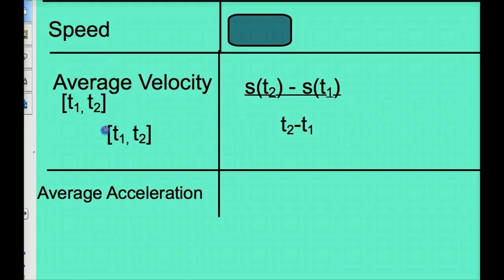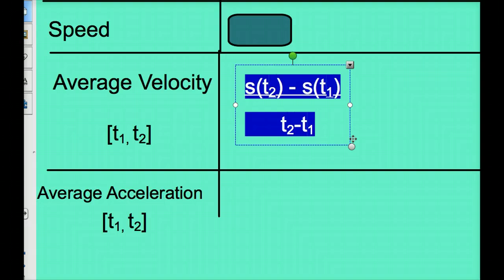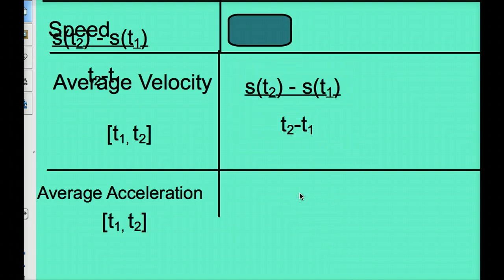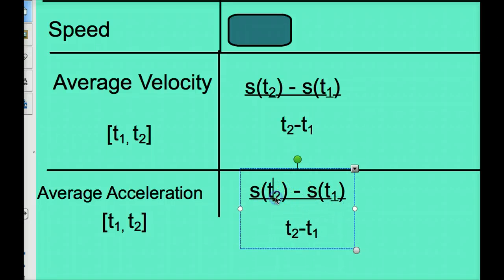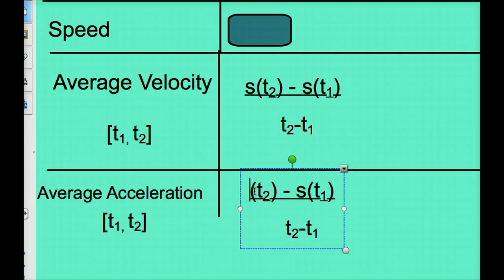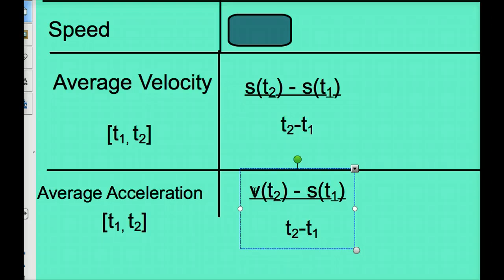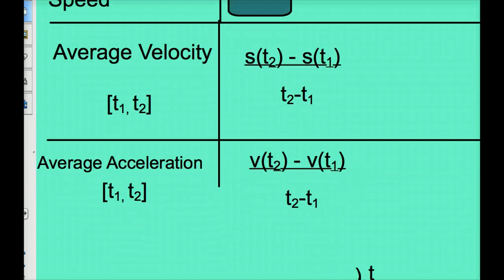So let's move this down here. And what you're going to see is I'm going to take the same equation, but since acceleration depends on velocity, I'm going to change these s's into v's. So we're going to use these two new equations to solve the rest of these pieces. So let me delete these.